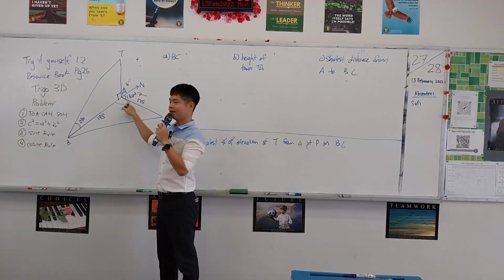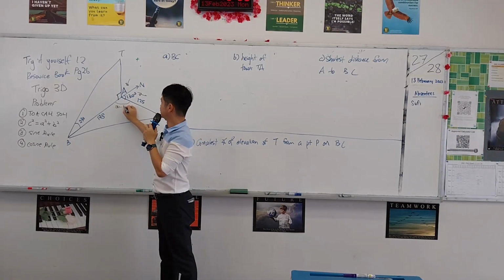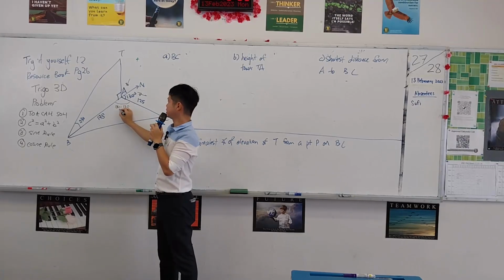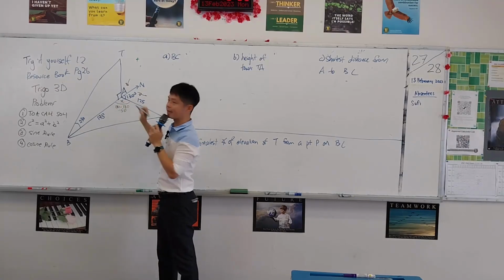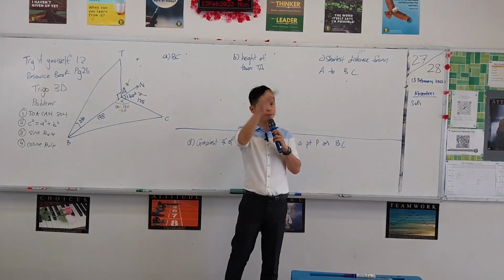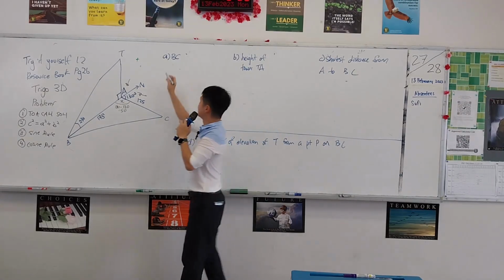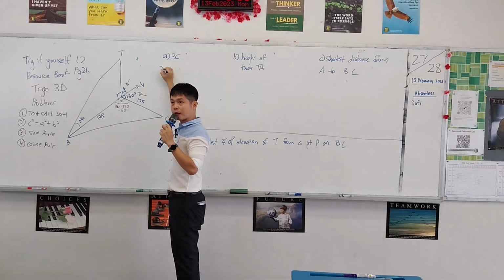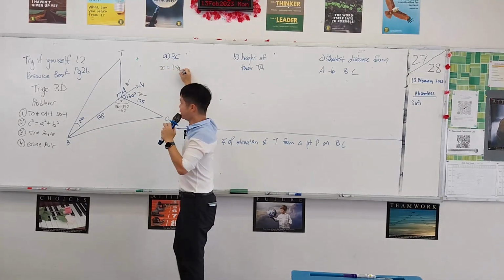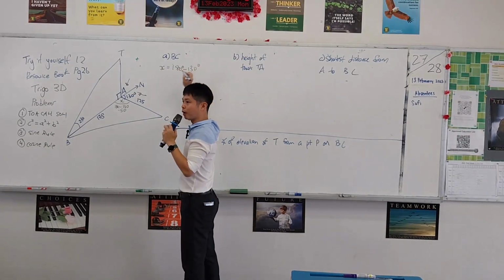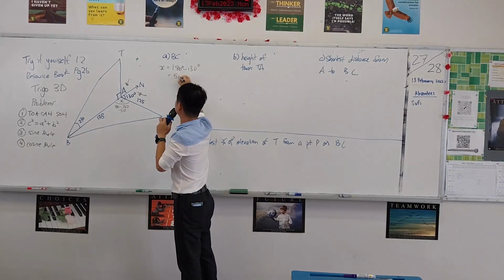You minus by 130. So our answer is 50. So we call this angle X. Every time you don't want to label A, B, C, E, F, G, you just write X, and you can do this during exam. Write X equals to 180 minus 130. I will go and look for your X equals to 50. All right?